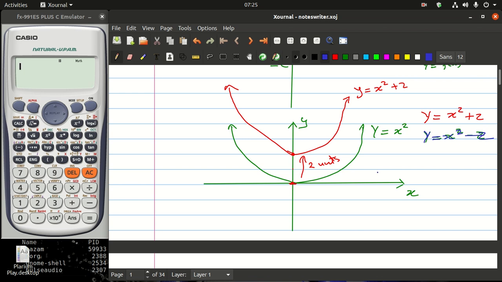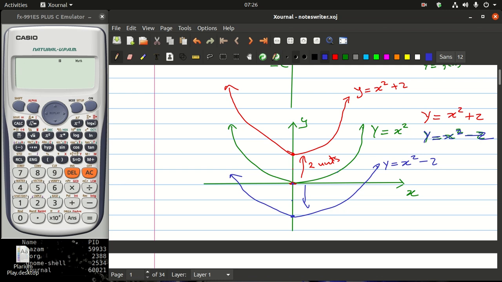I want to move this 2 units down, 0, 1, 2. I want it to move down there, and everything of this green curve I want to move by 2 units. So we're gonna have something of this type. This one is y is equal to x squared minus 2. So you move the whole curve up by 2 units to get this curve from this curve, and for this one, you move the whole curve down by 2 units.